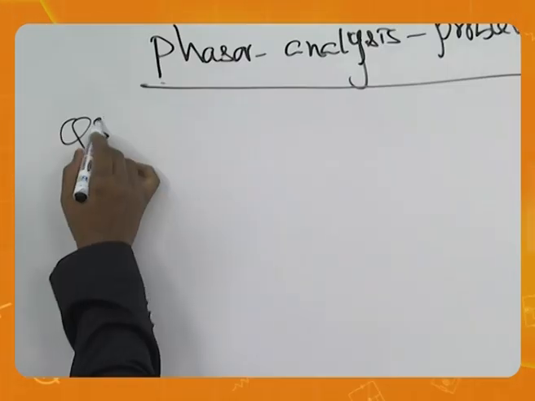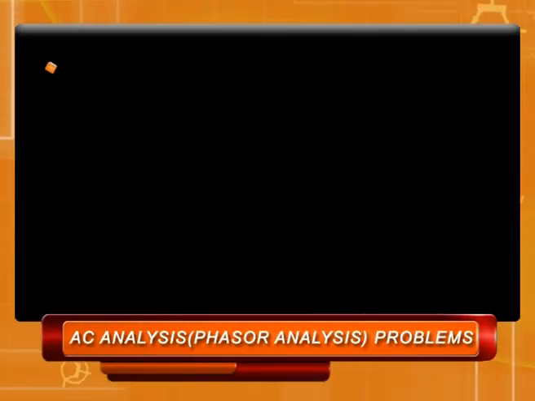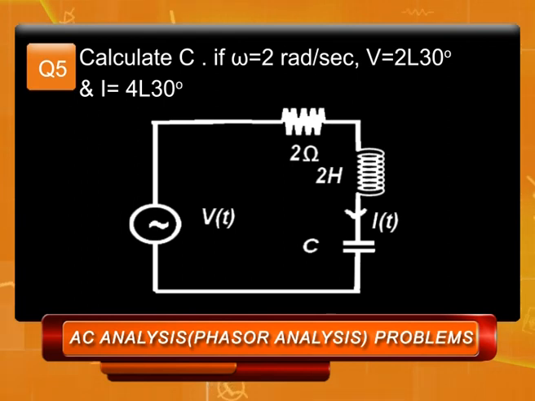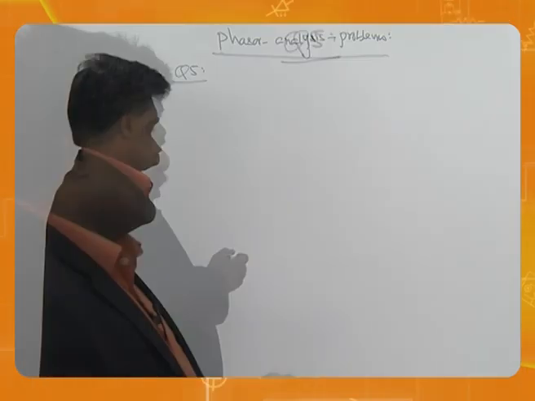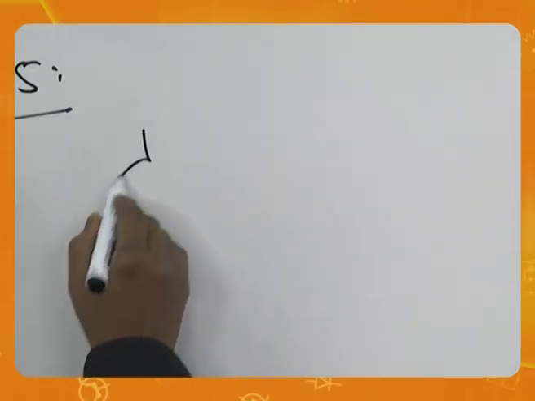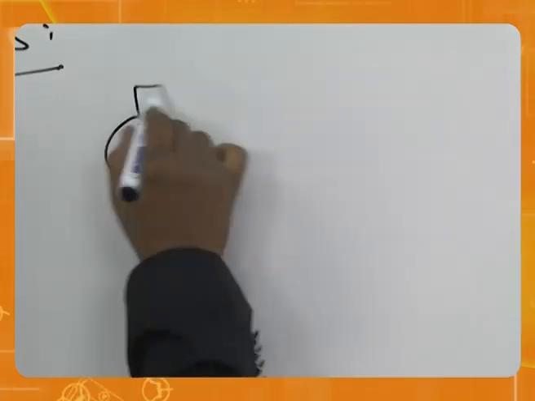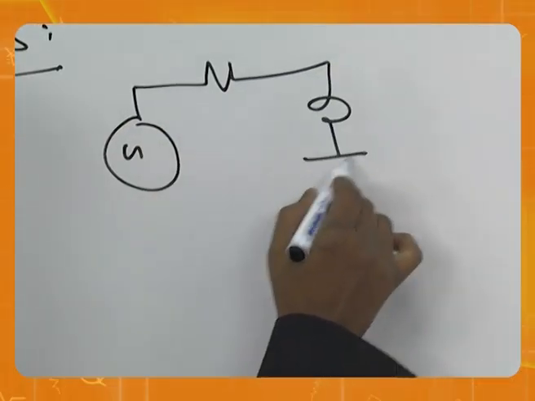Problem number 5. Calculate C if the frequency is 2 radians per second, voltage is 2 angle 30, current is 4 angle 30. Look at this, I am going to give a very important shortcut. First let me put the problem here so that we can understand and do it slowly.